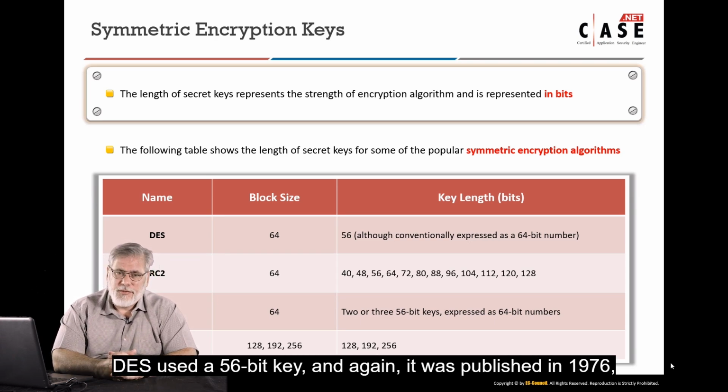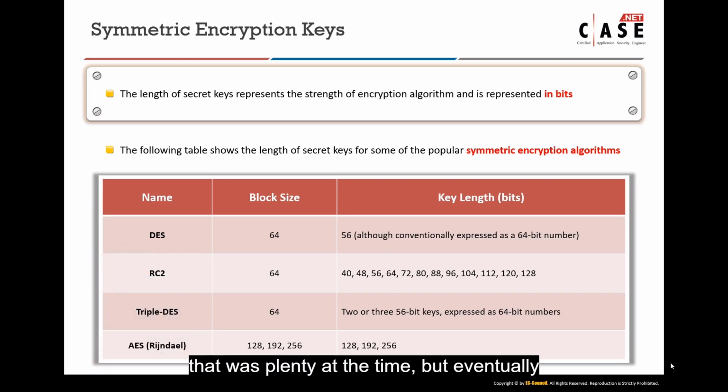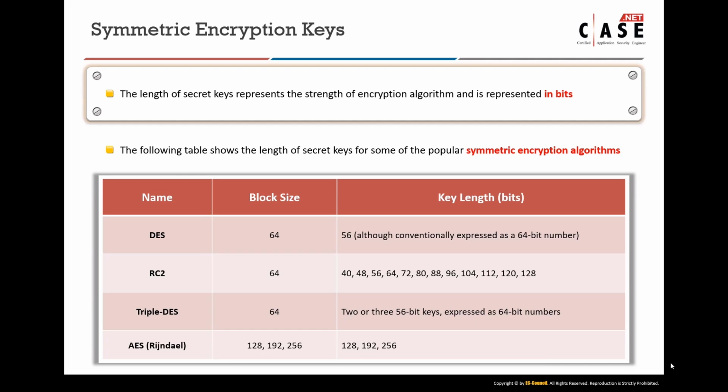DES used a 56-bit key, and again, it was published in 1976. That was plenty at the time. But eventually it was discovered that that wasn't secure enough. With more modern computers, it was possible to brute force crack that key. So there was a contest to find a replacement. Ultimately, what was selected was an algorithm developed by two Belgian cryptographers.